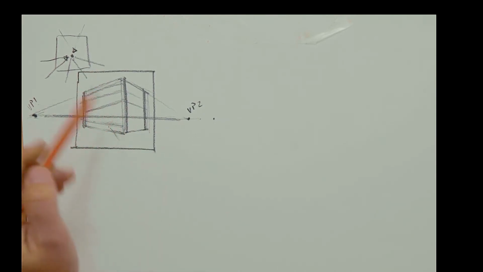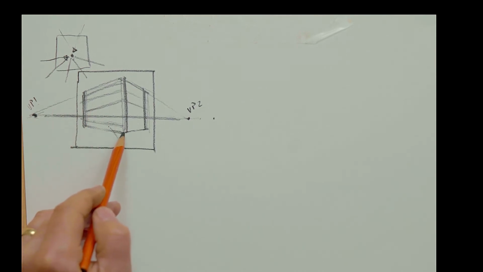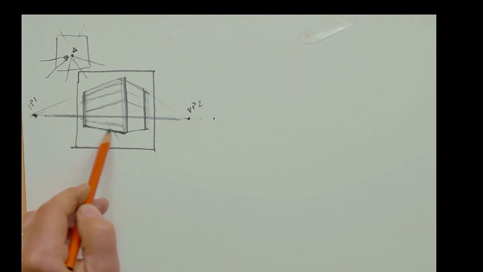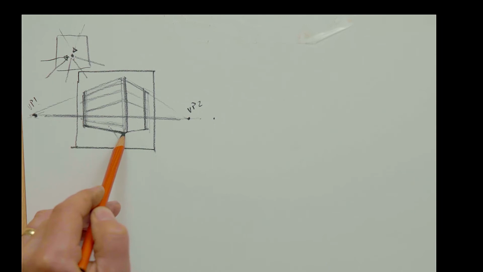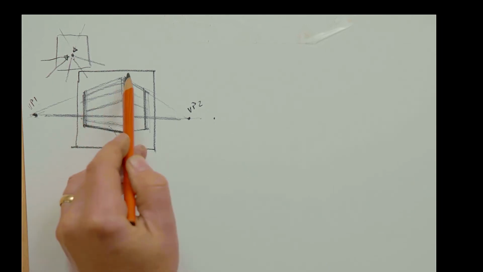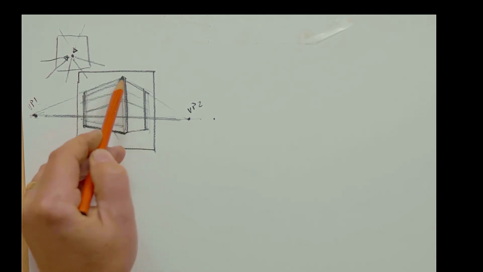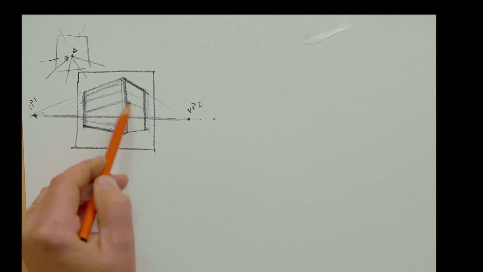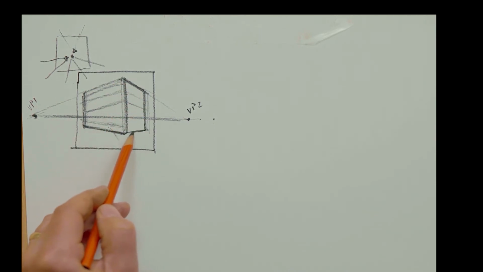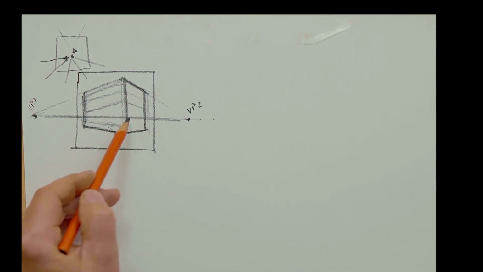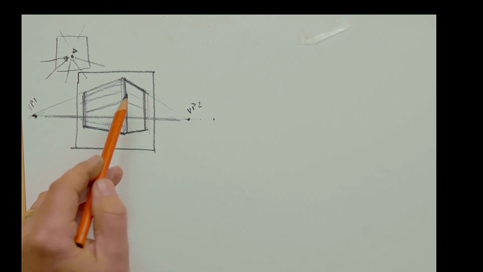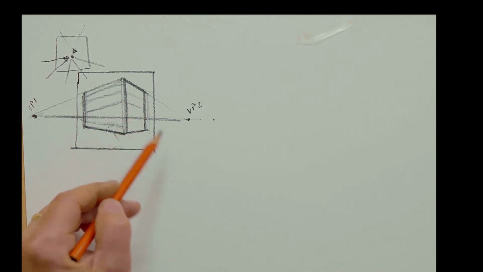And what does that mean? It means that the angle on this side of the building is going to be less steep than the angle on this side. It'll be more steep if you have a part of the building that's more foreshortened. So that's something that you really need to look out for.